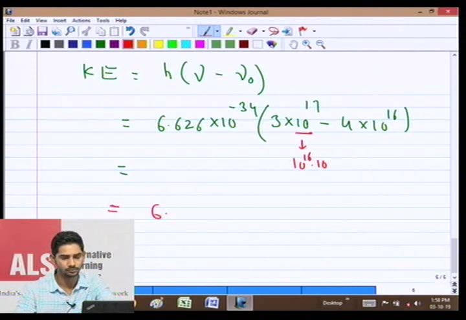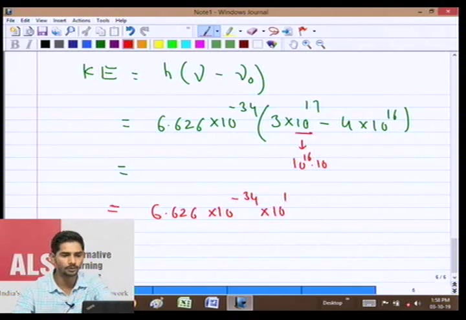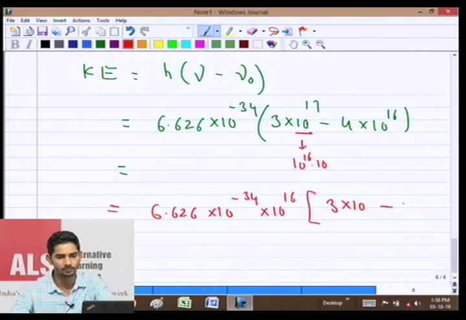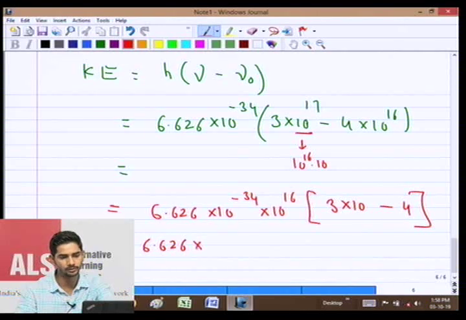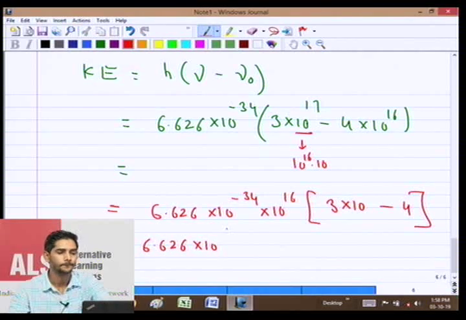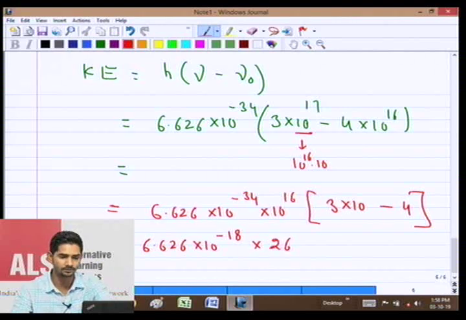So 6.626 into 10 to the power minus 34 into 10 to the power 16. Inside we will get 3 into 10 minus 4. So this is 6.626 into 10 to the power minus 34 plus 16, which is minus 18, into 30 minus 4, which is 26.